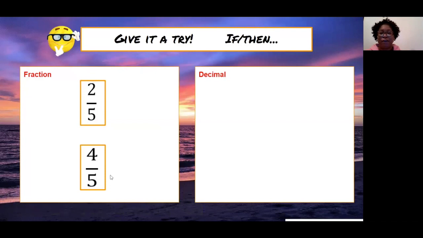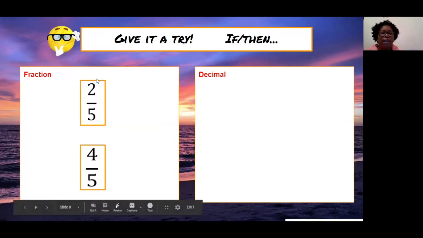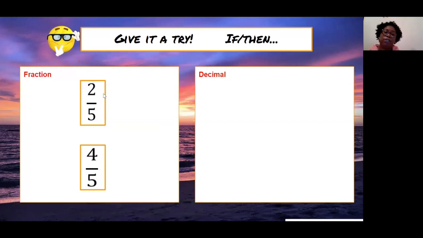Give it a try. Go ahead and write an answer down on your paper. Once again, if we know what 1/5 is as a decimal, what do you think 2/5 is as a decimal? And what about 4/5? What do you think 4/5 is as a decimal?